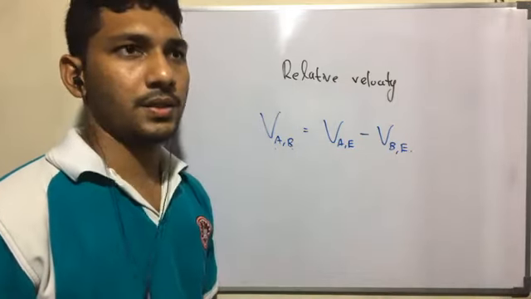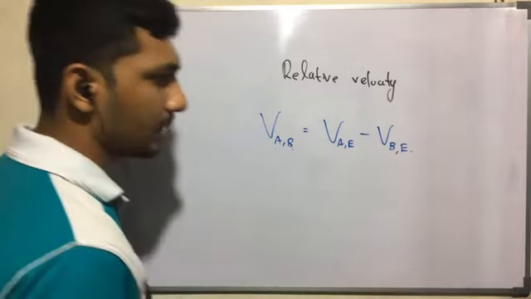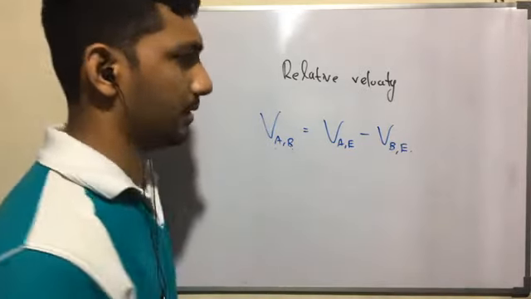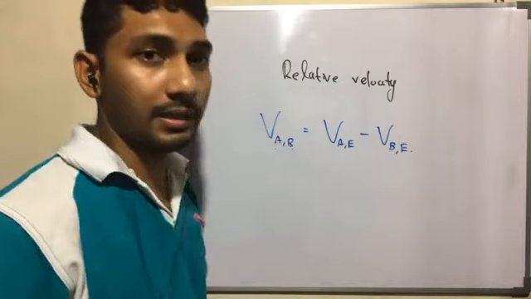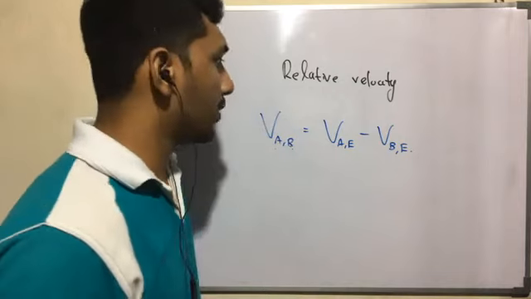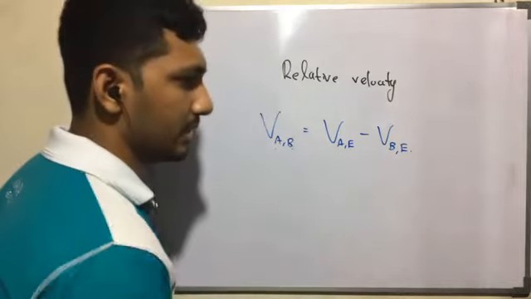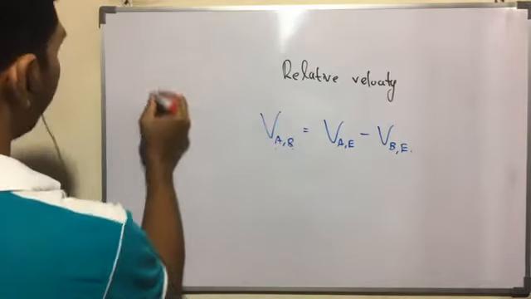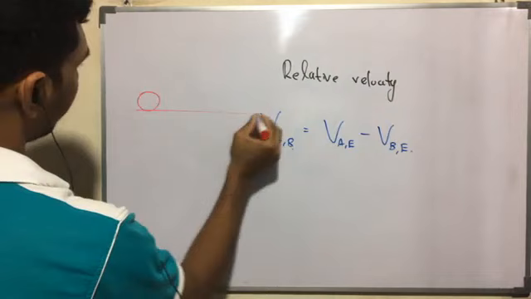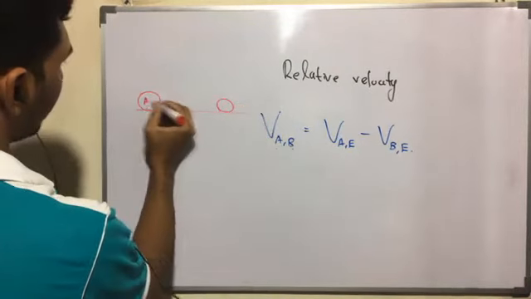Shall we try to do it using that? When they are moving towards each other, let's say object A is here and object B is here.